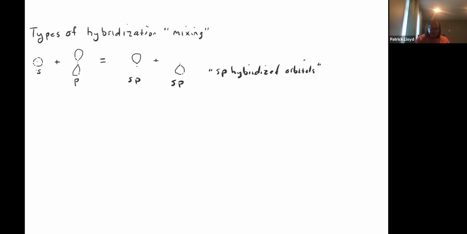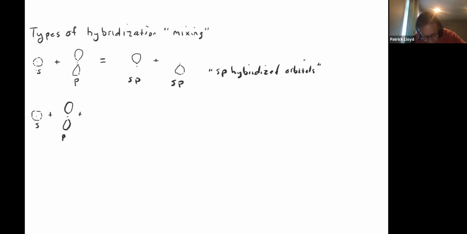Okay. So now you can also have a second scheme. I'm going to give you 3. And the second scheme is where you take an s orbital and you mix it with 2 of the p's. Because remember, there's 3 p orbitals, right?